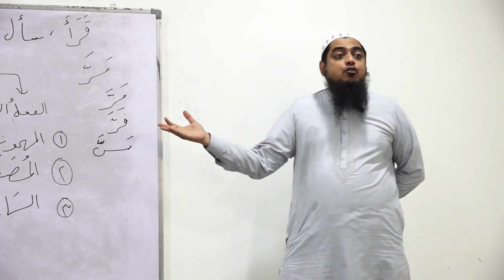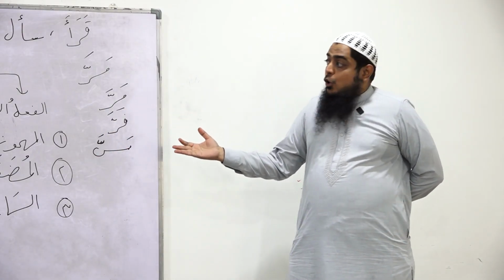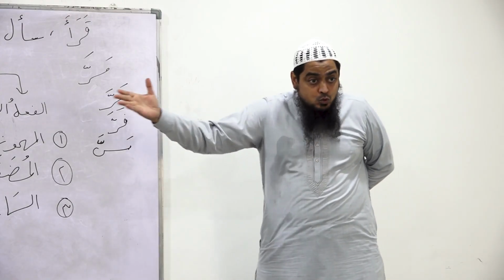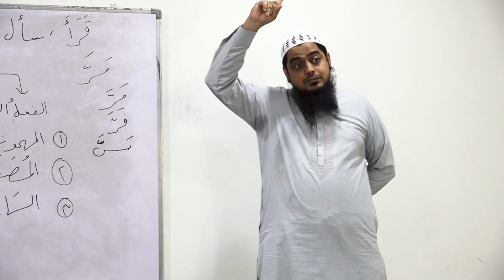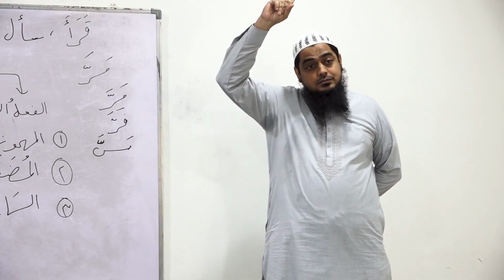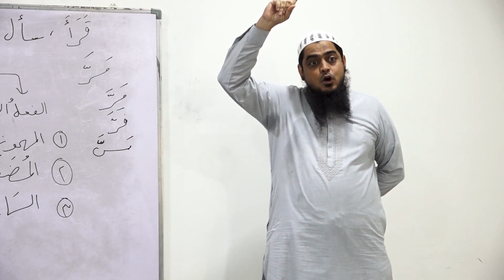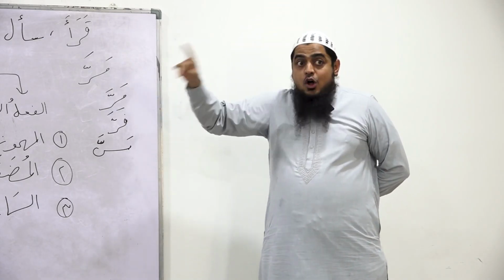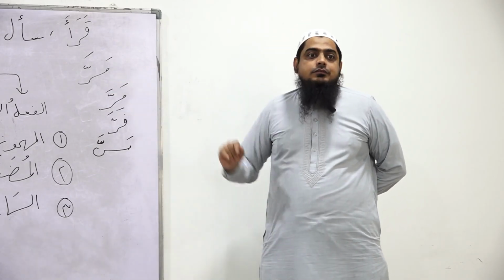Now, you have to keep in mind that all these fi'l abide by those 6 abwab. What are the 6 abwab? Fa'ala yaf'alu, fa'ala yaf'ilu, and so on. All those 6 babs will come here.